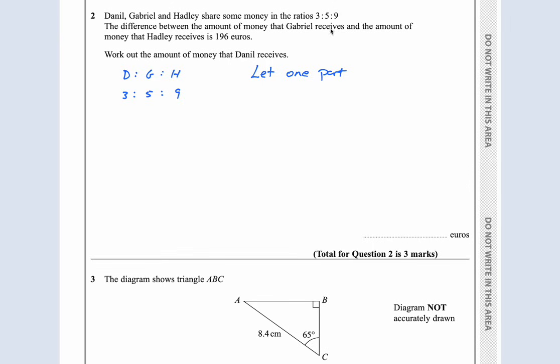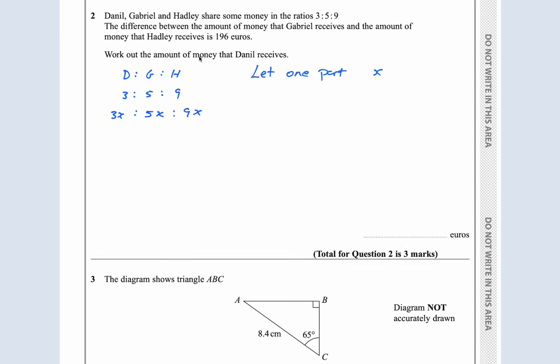So that would be 17. So you'd divide by 17 to split it into 17 parts. I'm going to say let one part be x. So Daniel has 3x euros, Gabriel has 5x euros and Hadley has 9x euros.